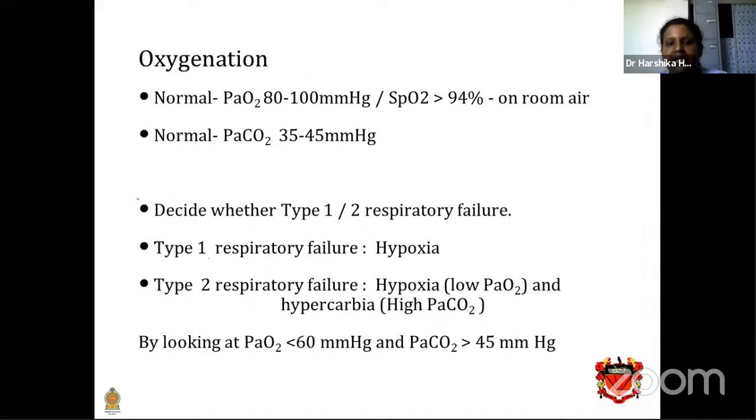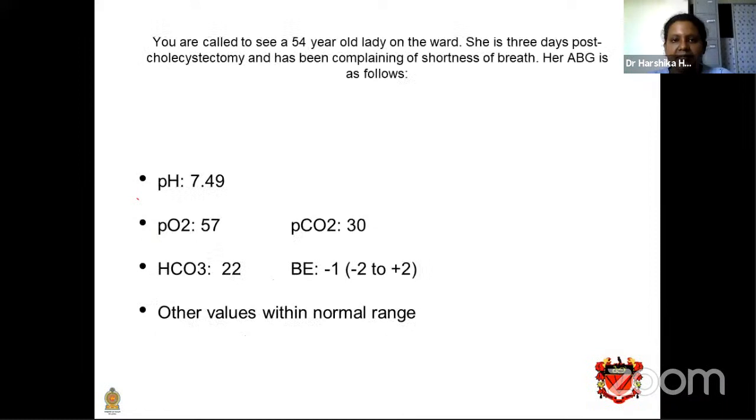So it has both hypoxia and hypercarbia. There will be low PO2, less than 60 millimeters of mercury, plus there will be high CO2 as well, more than 45 millimeters of mercury. So those are the main two types of respiratory failure described in critical care medicine.